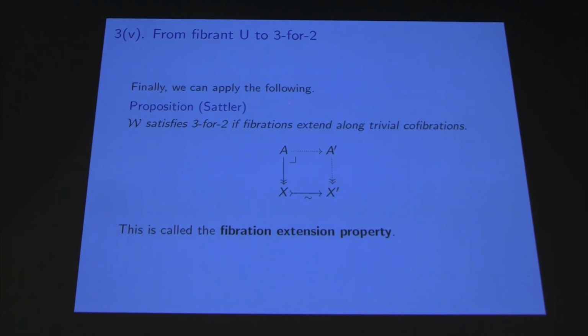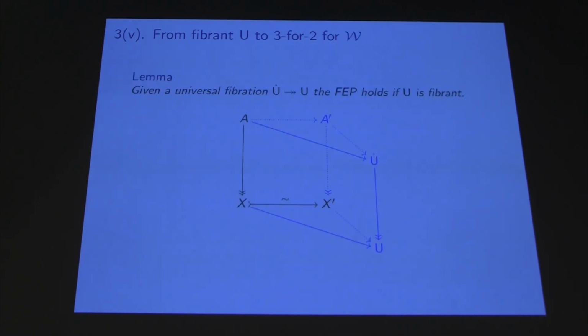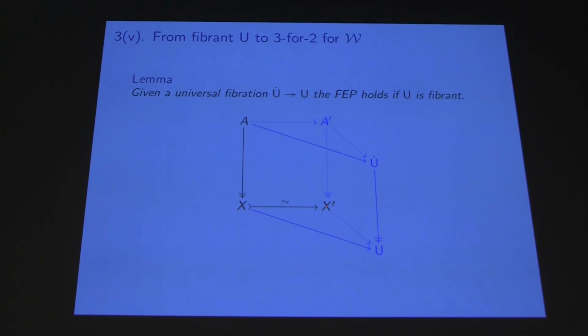And then finally, we apply the following fact. W will satisfy the 3 for 2 condition, which is what we're trying to show, just in case we have this fibration extension property: if I have a fibration and a trivial cofibration, then there's a pullback square with a fibration here. So the fibration extends along the trivial cofibration in this sense. So Sattler shows that if we can prove that, we're done. Well, look, here's my fibration. I want to extend it here. This fibration is classified here by the universal one, by a pullback.